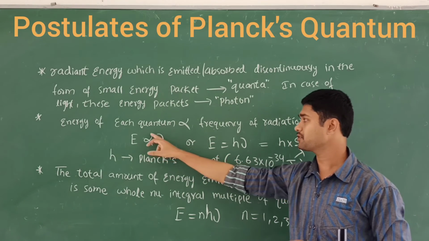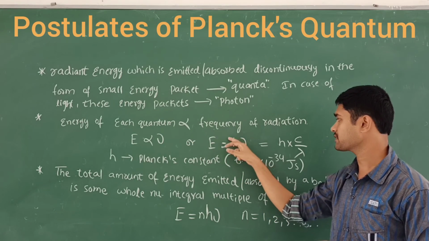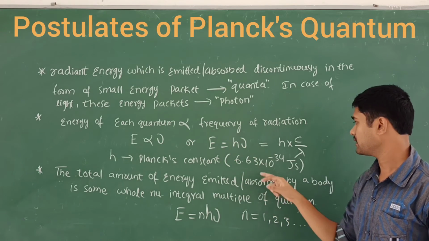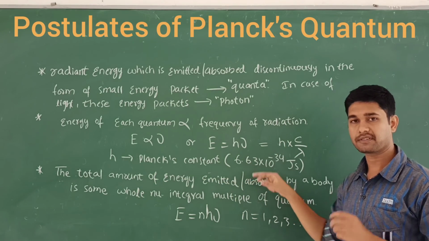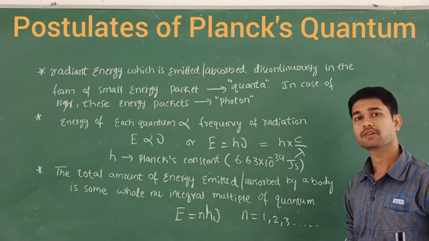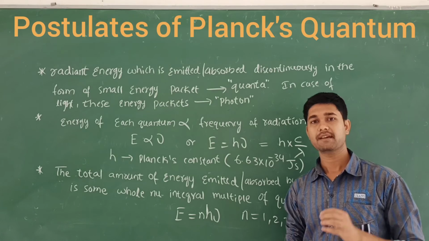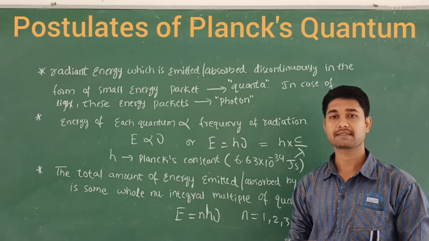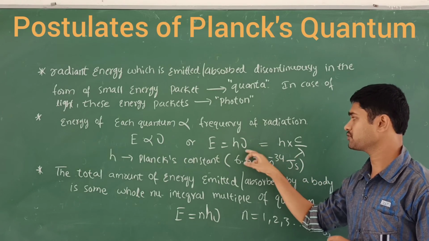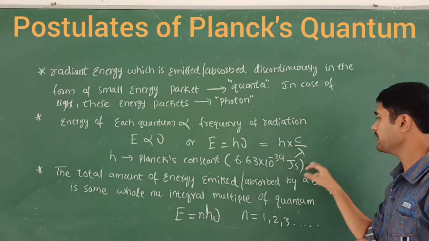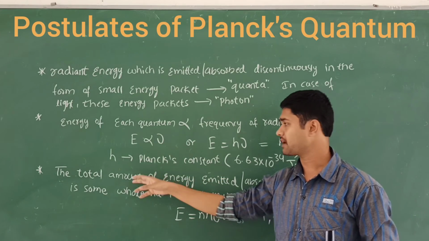To introduce the proportionality sign, he introduced a constant called Planck's constant, h, which has the value 6.63 into 10 raised to minus 34 joule second. And from the relation between frequency, wavelength and the velocity of light c, nu equals c by lambda. He substituted nu equals c by lambda. So h is Planck's constant. That is the second postulate.